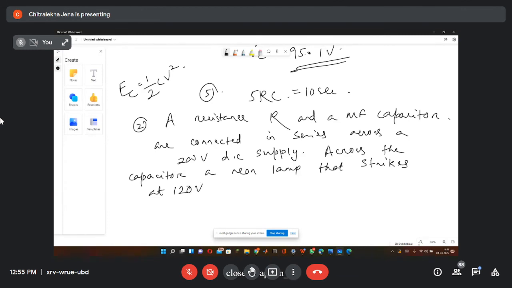In the neon lamp, it strikes at 120 volt. You have to calculate the value of R to make the lamp strike after 5 seconds.